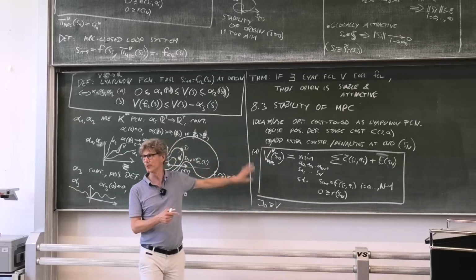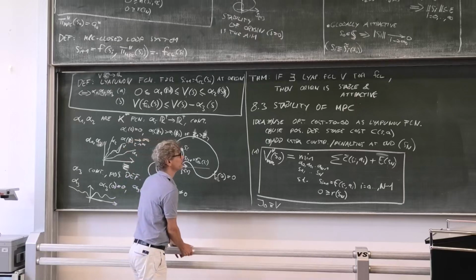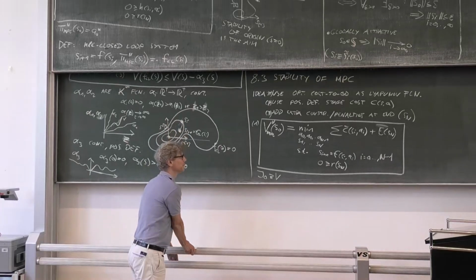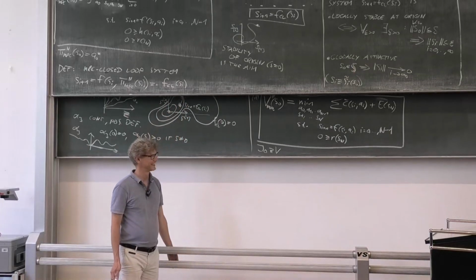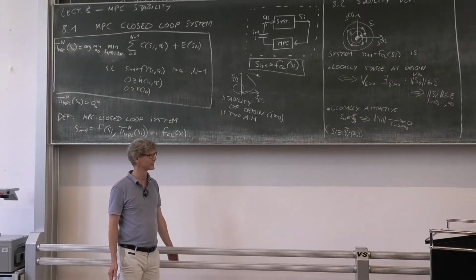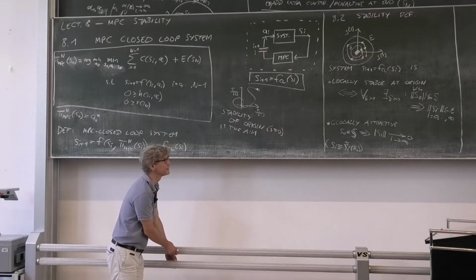Did you photograph both blackboards already? Wonderful. I move the one up, which I will not change anymore, and then the other down. And then I give a simple example of a system where we cannot find a Lyapunov function.